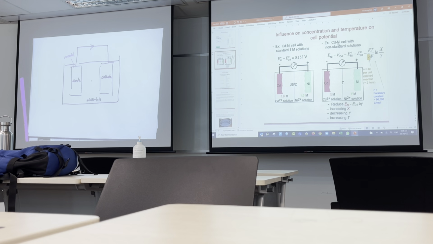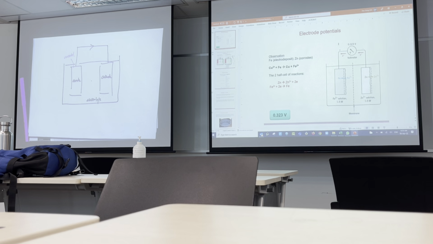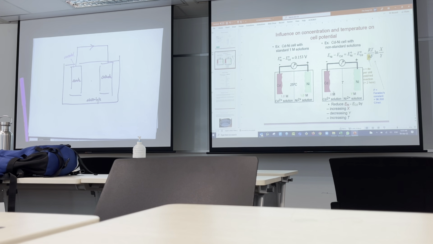And then there is something when you look at the EMF series. It's always done on the standard condition, which means 1 molar, and 25 degrees Celsius. But in reality, you might be operating with a non-molar solution.